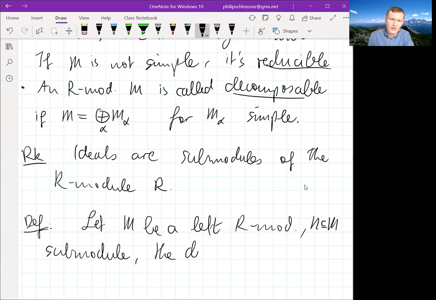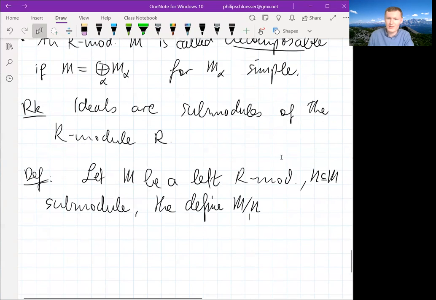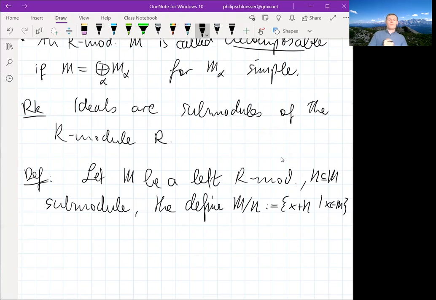Then we define the quotient of M by N to be the set of equivalence classes modulo N. So what you're doing is you take the subspace N and you add one element x to every element in there, and what you get is, well, it's not a subvector space, but it's a sub-affine space, I guess.